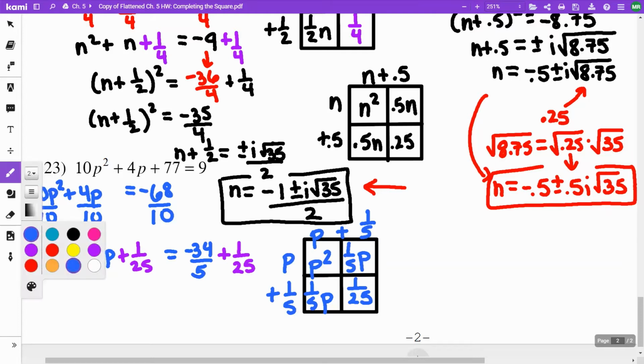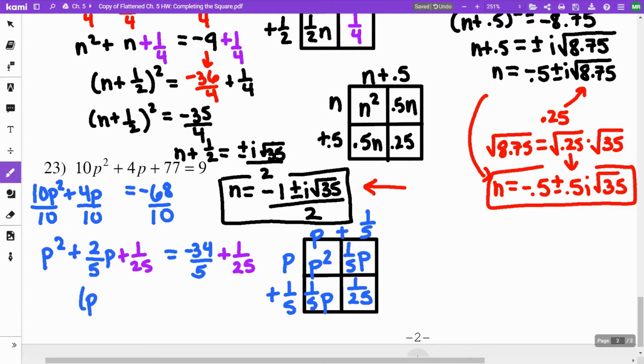Now, this is going to be p plus 1/5 squared. On the other side, I can rewrite this, multiplying top and bottom by 5. So 34 times 5, I get negative 170 over 25. Sorry, I'm trying to get it to be 25. So I multiply top and bottom by 5.